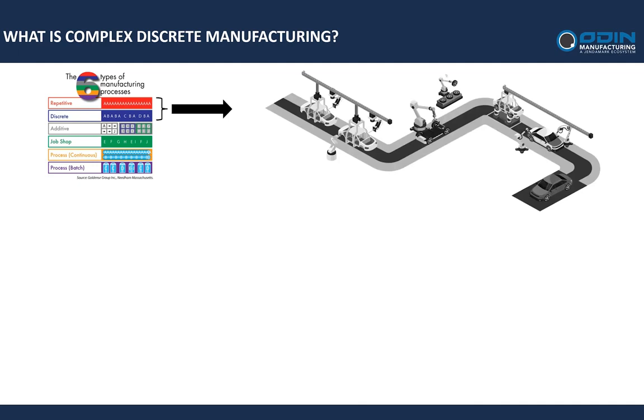This chart shows the different types of manufacturing from repetitive, discrete, additive, job shop, process, and process batch. And what we want to specifically talk about today is discrete manufacturing. So an example of discrete manufacturing is an automotive plant where, as you can see, value or the product is moved down the production line and value is added step by step.